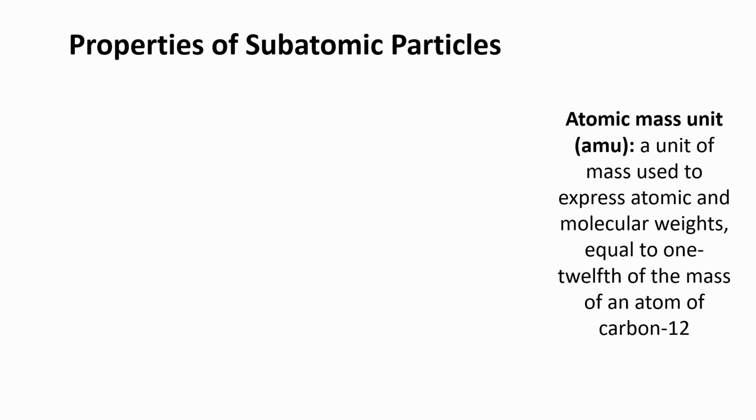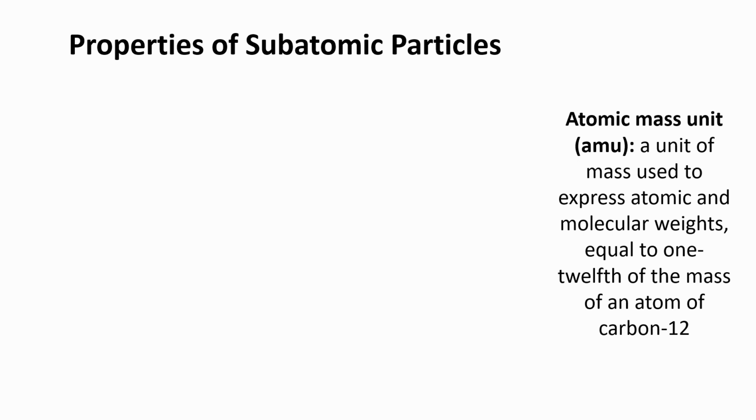All right, let's talk about properties of subatomic particles before we get into some examples. I want to introduce a new unit, which is AMU, atomic mass unit. Because atoms are so small, and because carbon is a very popular element essential to life, a scientist said, all right, let's say that we have this unit that is equal to 1/12 of the mass of a carbon-12 atom.